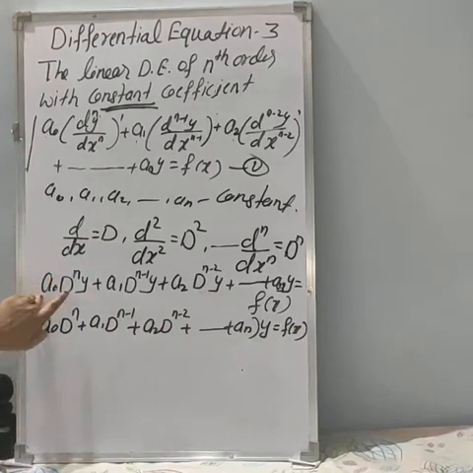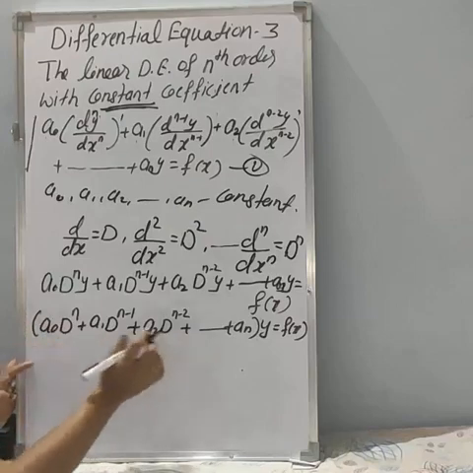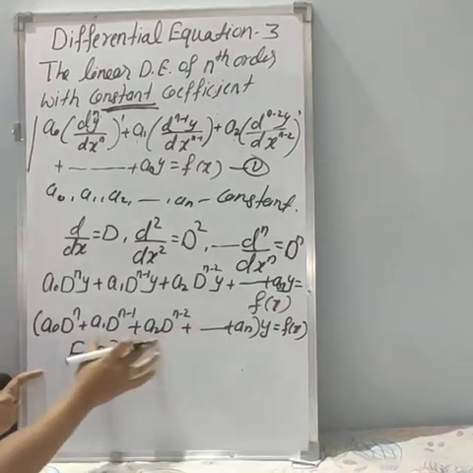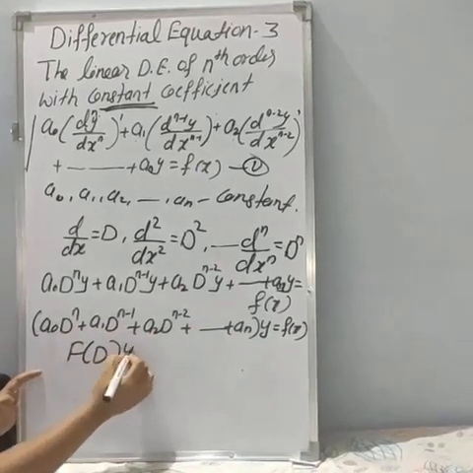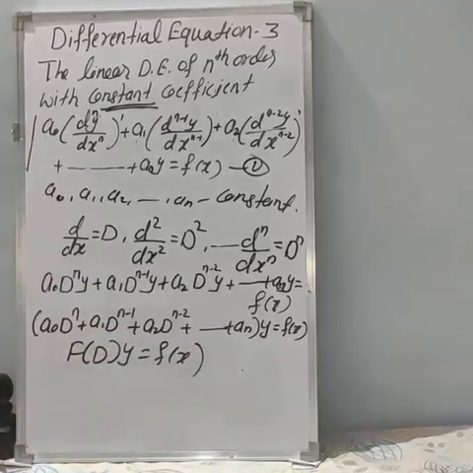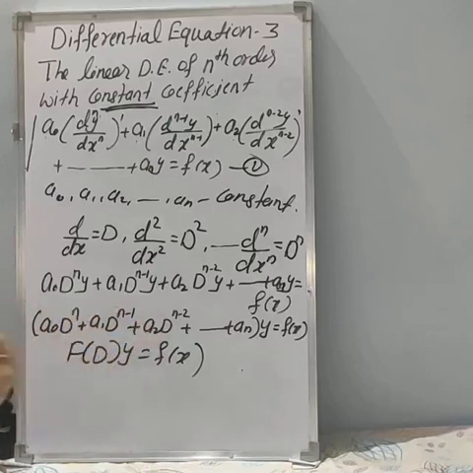After that, take y common from each term, write it outside, and write the remaining terms inside the bracket. Let us denote this whole expression as F of D, multiplied by y, equal to f of x. Let us take this as the given differential equation. Here capital F of D is nothing but a naught D raised to n plus a1 D raised to n minus 1 up to an.